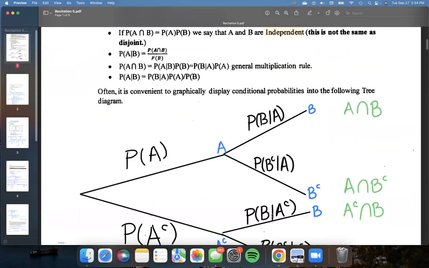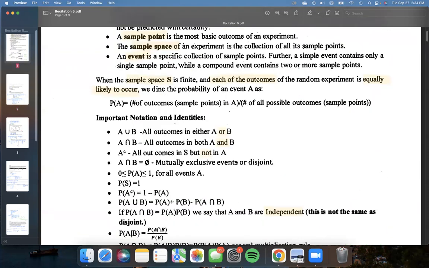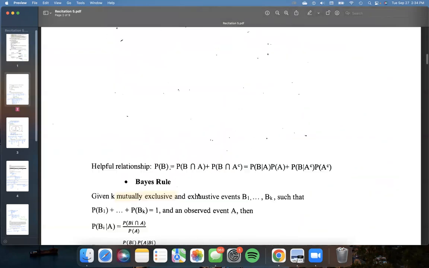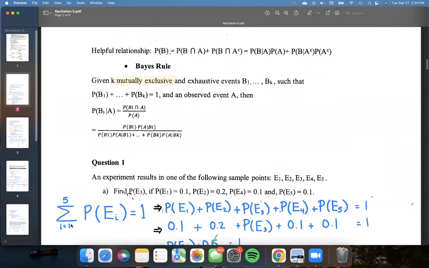And if I want to show you that rule, where is it? Yes, the probability of our sample space should equal 1. And here our sample space is E1, E2, E3, E4, and E5. So here I have the probability of E1 plus the probability of E2 all the way to E5.